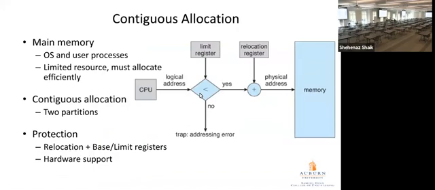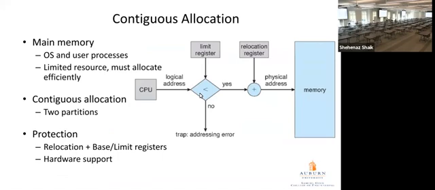We were looking at the problem regarding how do we allocate a part of memory to multiple user processes so that we can efficiently utilize the entire memory space that is available.